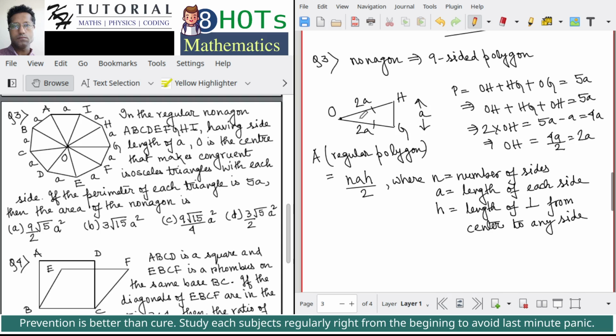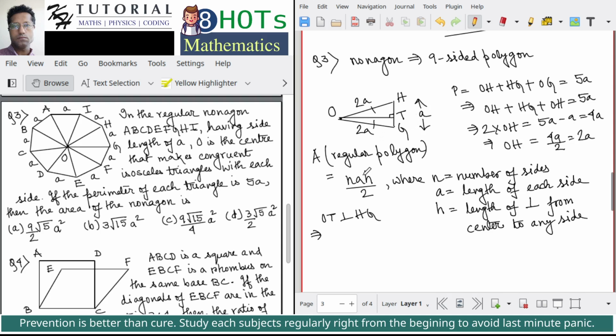So in this isosceles triangle OHG, let me draw a perpendicular from O to the side HG. E is already used, so let's say OT. So OT is drawn perpendicular to HG. Since OHG is an isosceles triangle, OT will bisect HG. Why am I considering this triangle and drawing the perpendicular?